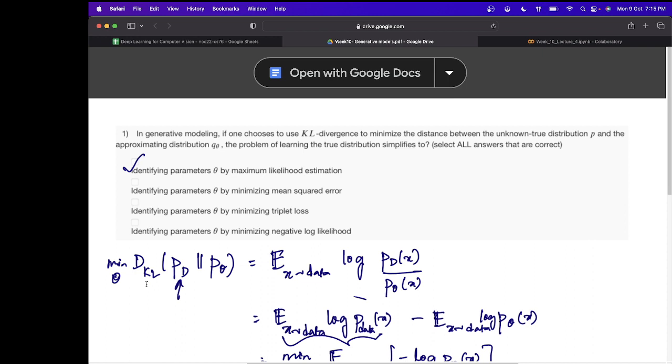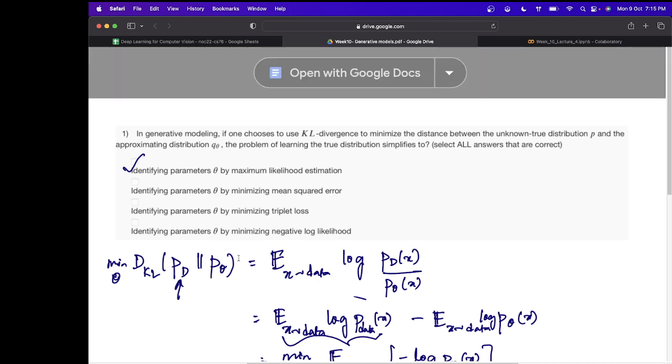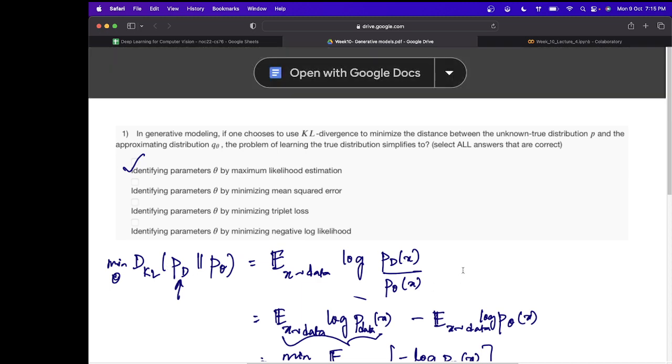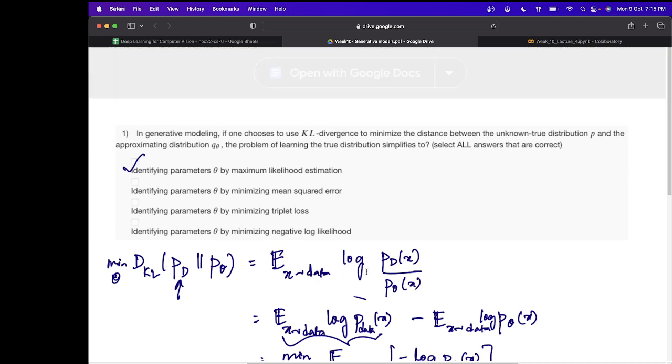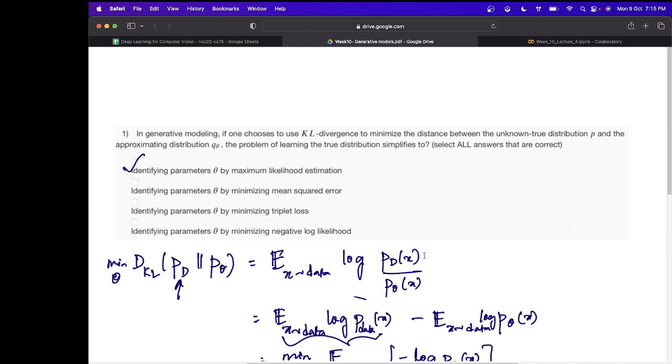Now we'll break this formula. Here we have approximated this formula a little bit. If you go to the exact formula of KL divergence loss, D stands for the true data distribution and theta stands for the approximate distribution. This is the formula for KL divergence, with just one difference: outside the log there is also a P_D of x term.